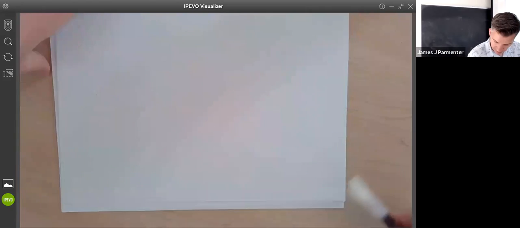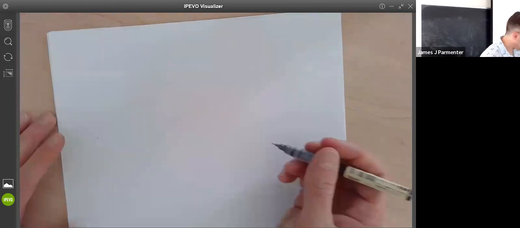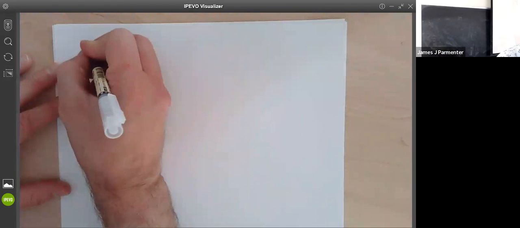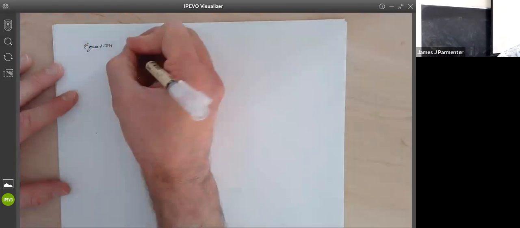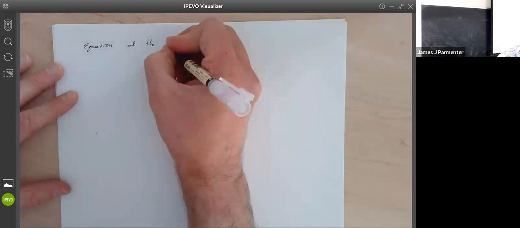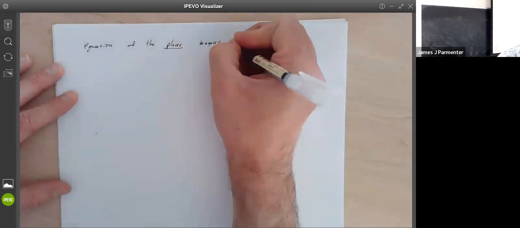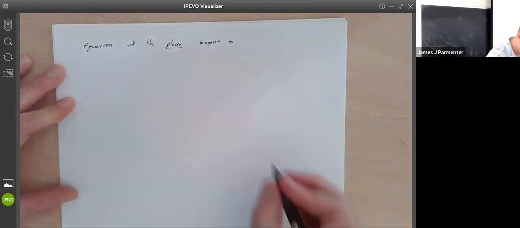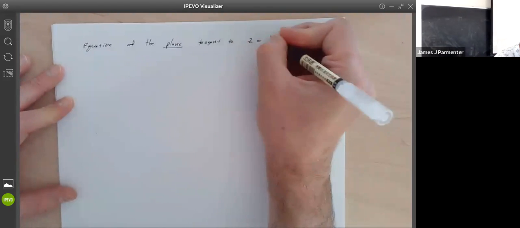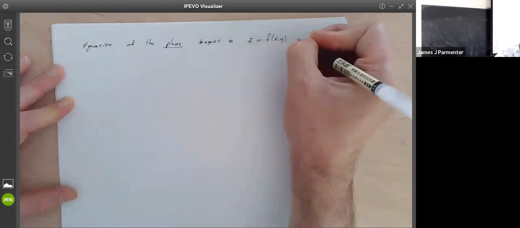So let's say we want to write the equation of the plane tangent to the surface z equal to f of x, y at the point.